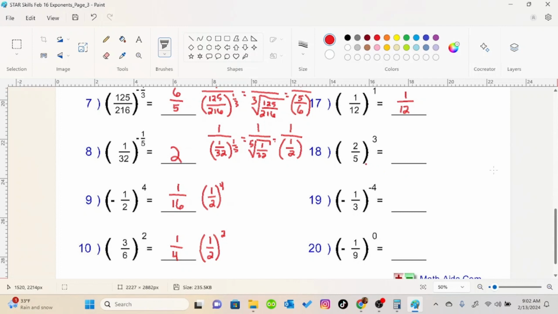Number 18. 2 over 5 cubed. 2 cubed is 8, and 5 cubed is 125. So the answer is 8 over 125.